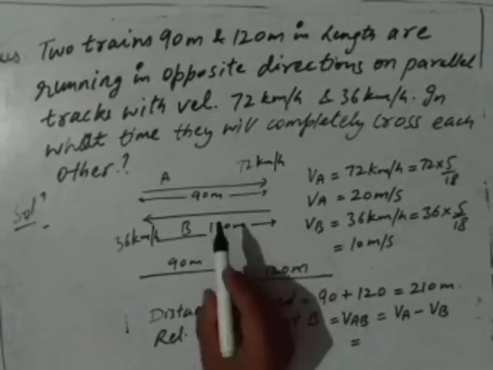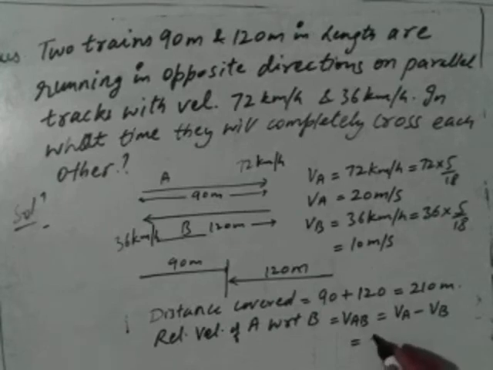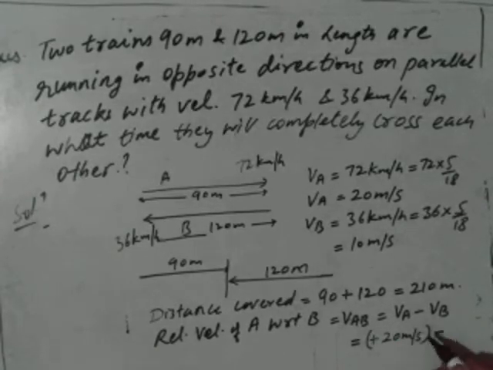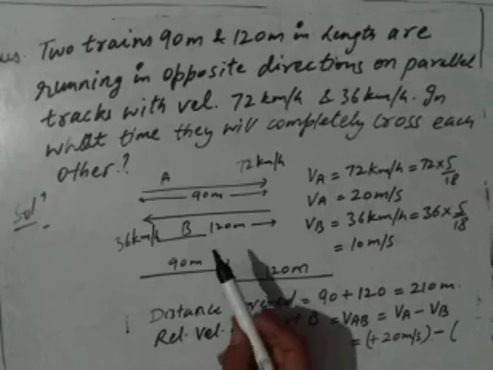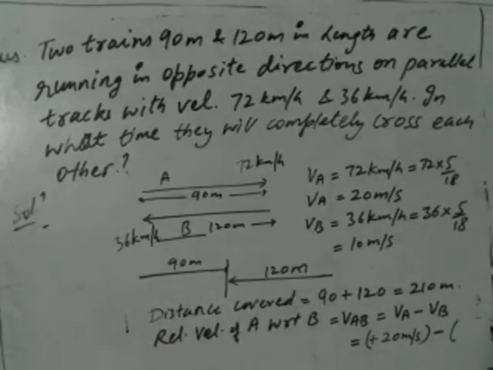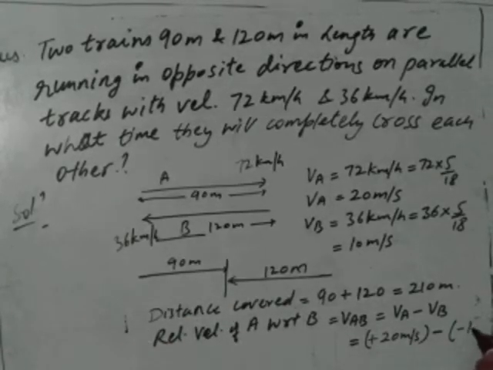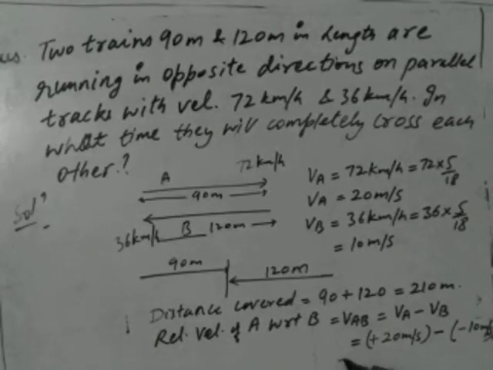VA is moving along the right side, so it will be plus 20 meter per second, minus, the train B is moving towards left, so it will be minus 10 meter per second. So the total value will become 30 meter per second.